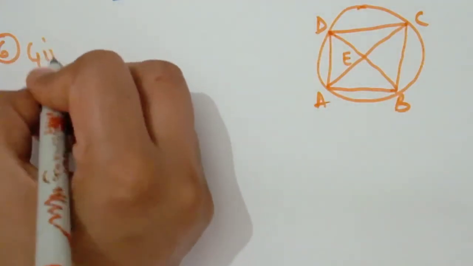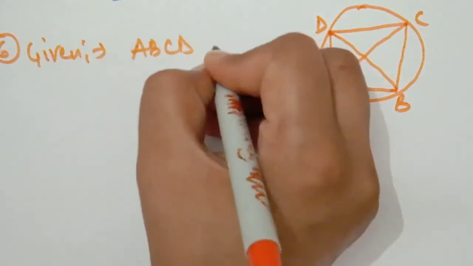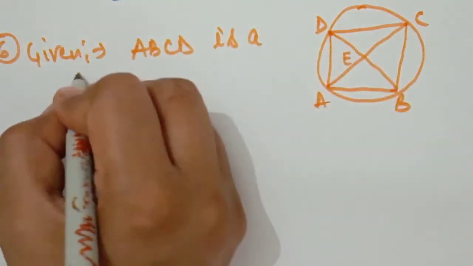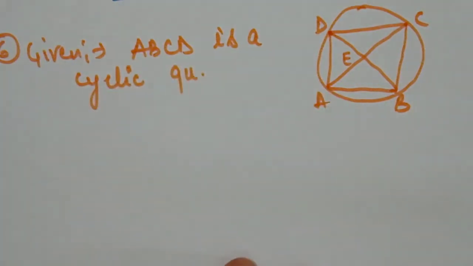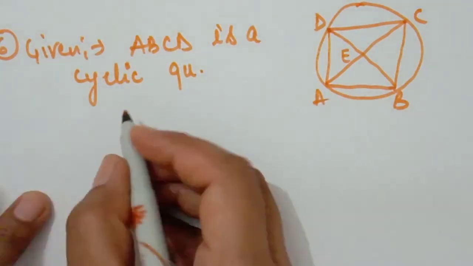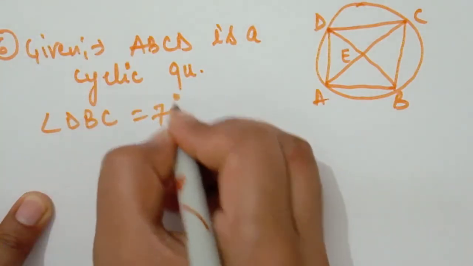So what is given, we have to write first. ABCD is a cyclic quadrilateral and both the diagonals intersect each other, and angle DBC is equal to 70 degrees.